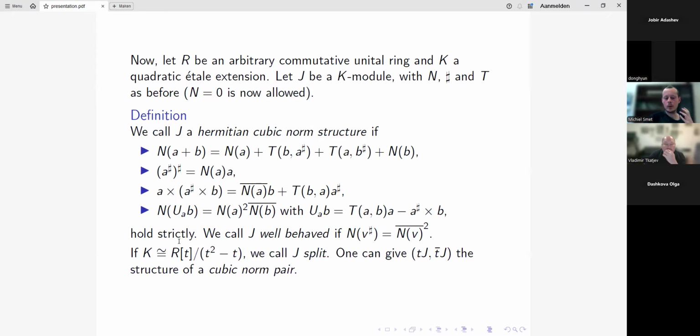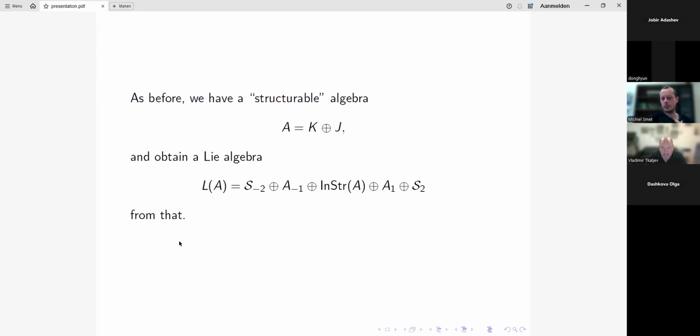So I won't provide a full definition of cubic norm pairs, but the idea is that if K is split, so it's a split quadratic étale extension, then we call J a split Hermitian cubic norm structure, and then you can split this Hermitian cubic norm structure into 2 parts, namely the idempotent t times J plus t bar, which is 1 minus t times J, and you can provide an axiomatization for this structure, which we call a cubic norm. So as before, we have a structurable algebra A, which is K plus J.